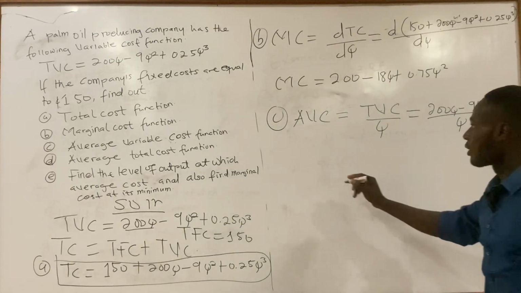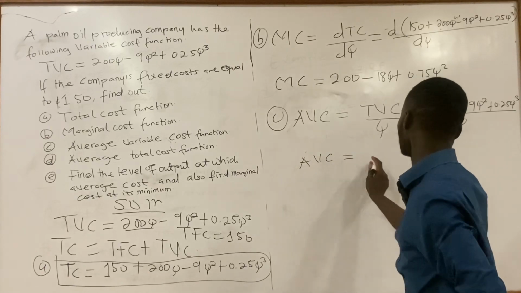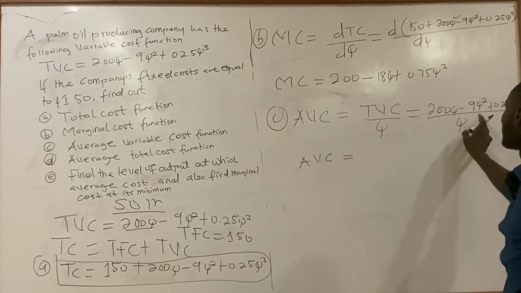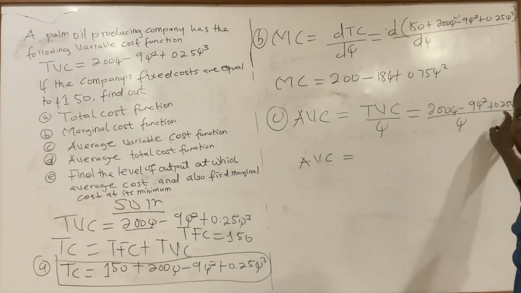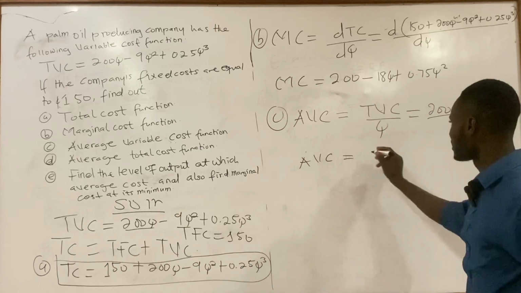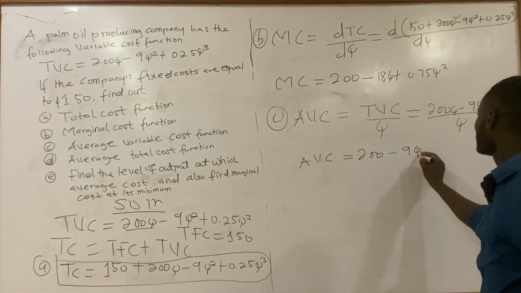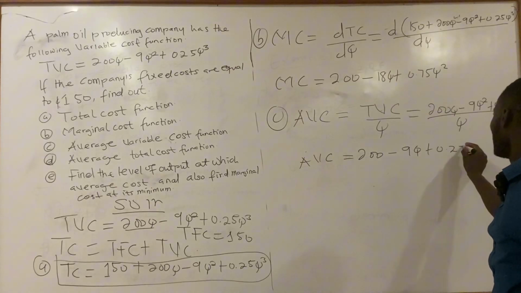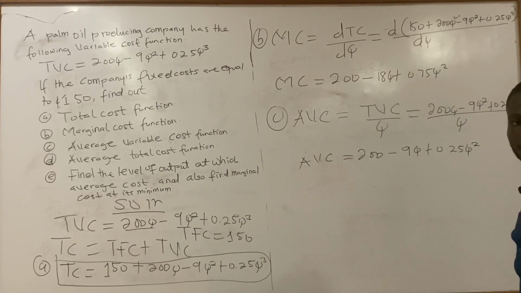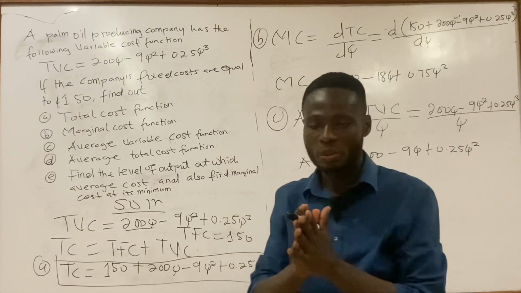So our average variable cost is equal to 200q minus 9q squared plus 0.25q cubed over q, which gives us 200 minus 9q plus 0.25q squared. So it is very easy navigating your way out.